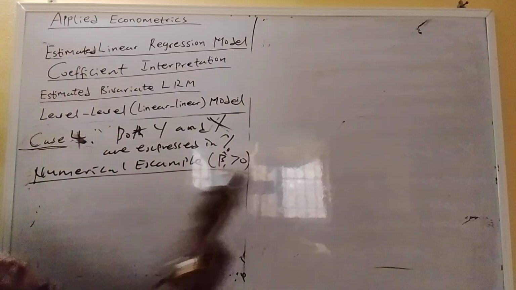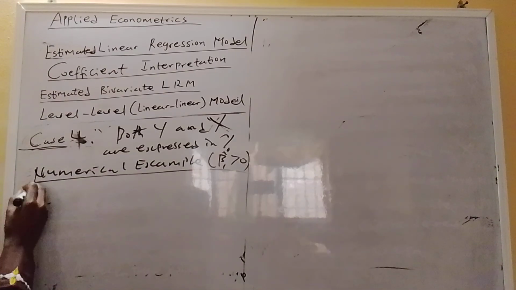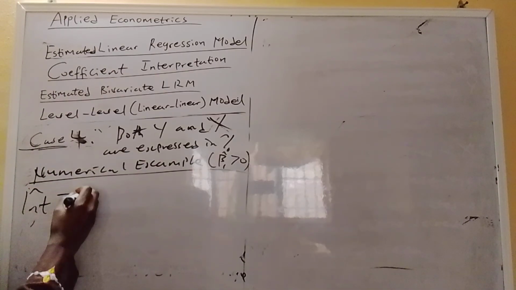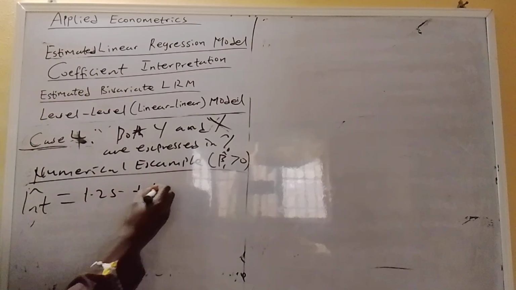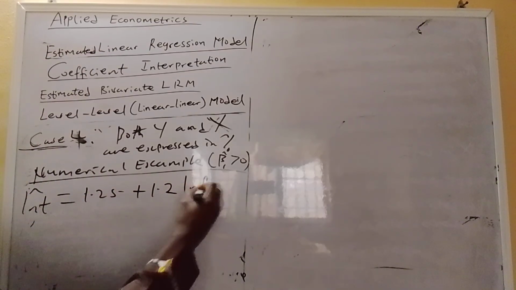We have interest rate regressed on inflation rate: 1.25 plus 1.2 inflation.